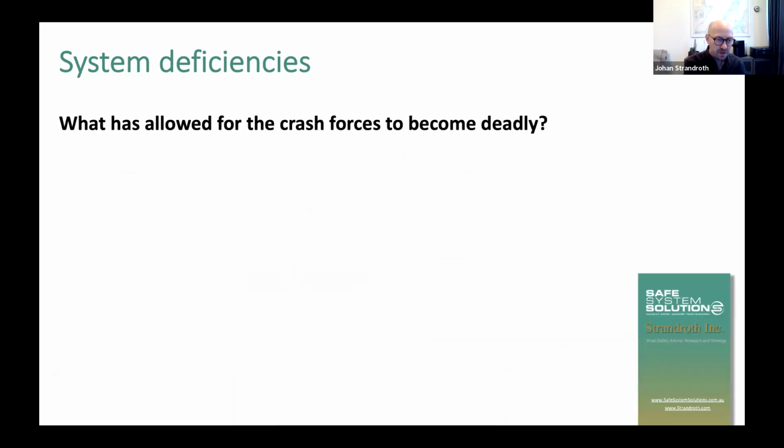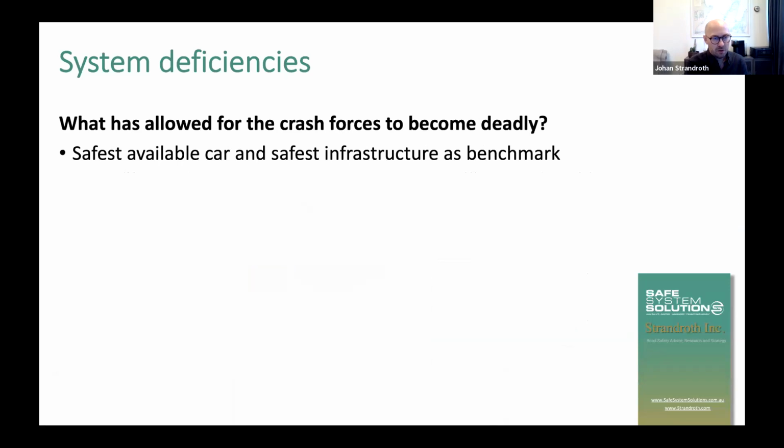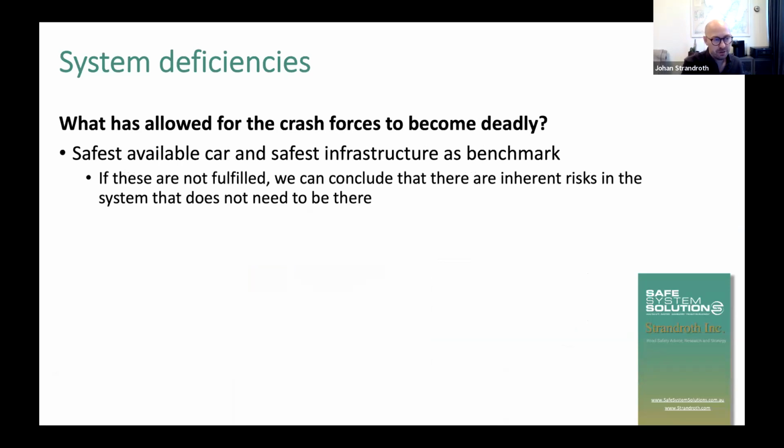So, this is going to be the last slide before we stop for a bit of a pause, in terms of system deficiencies. When we use the safest available car and safest infrastructure as a benchmark, if these are not fulfilled, if I can see that there are definitely things out there that could make this road better or this car better, we can actually conclude that there are inherent risks in the system that don't need to be there.